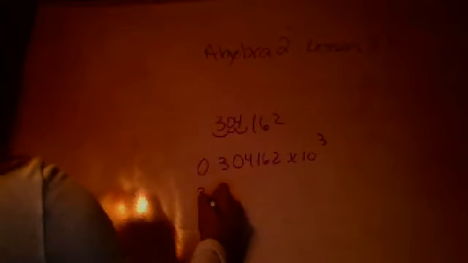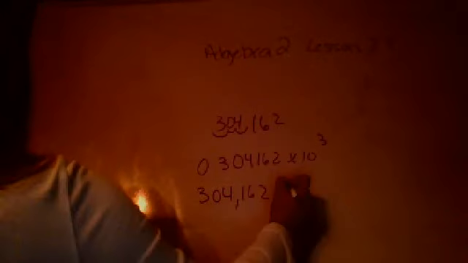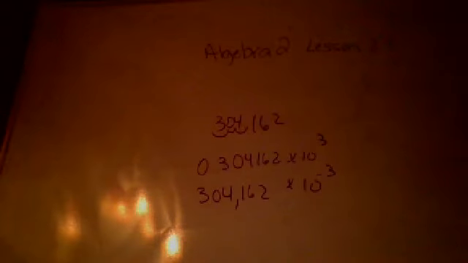Or I can change that number to say 304.162 times 10 to the negative 3. All three of these numbers are equal. They're just written differently. That means the same thing. So we can say we've written it in scientific notation.